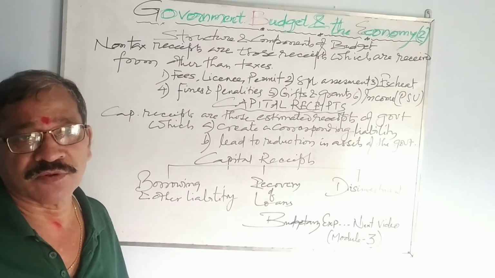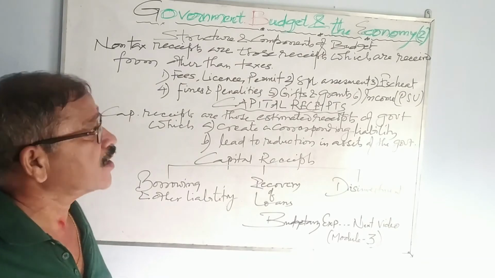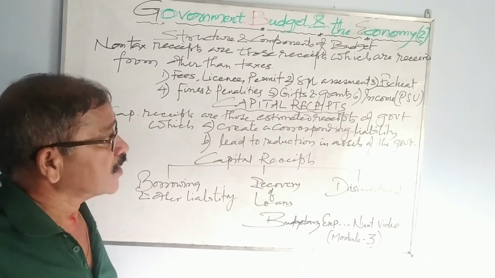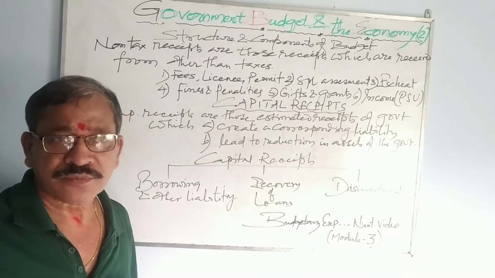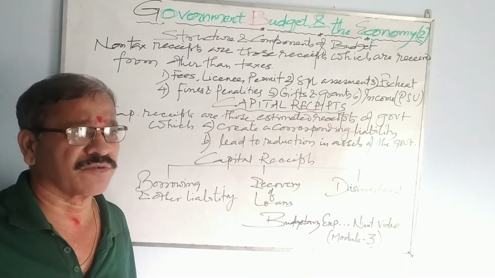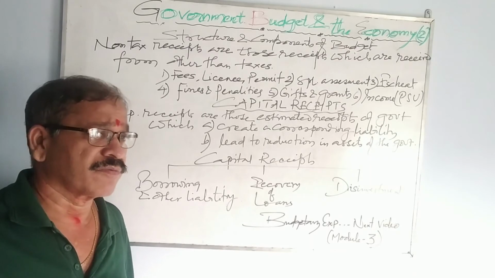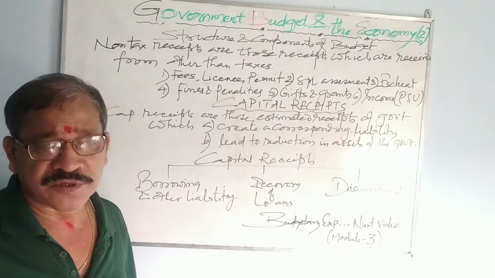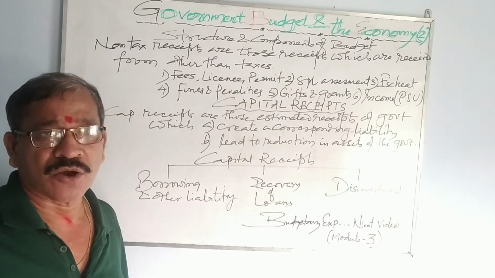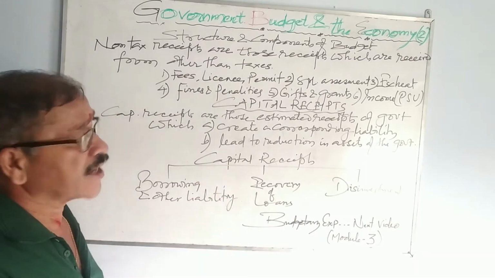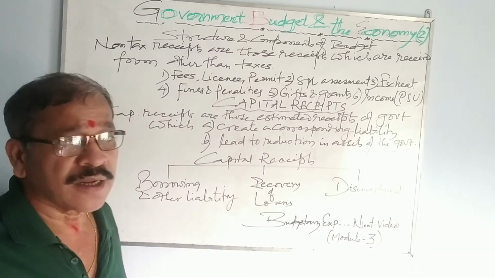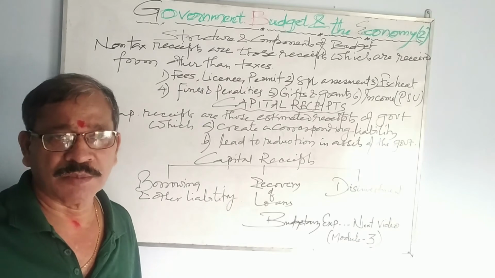All this type of money goes to the government as non-tax receipts. Then comes gifts and grants. Whatever gifts or donations you get from people or from abroad all come under non-tax receipts. Then income from PSUs, public sector units.